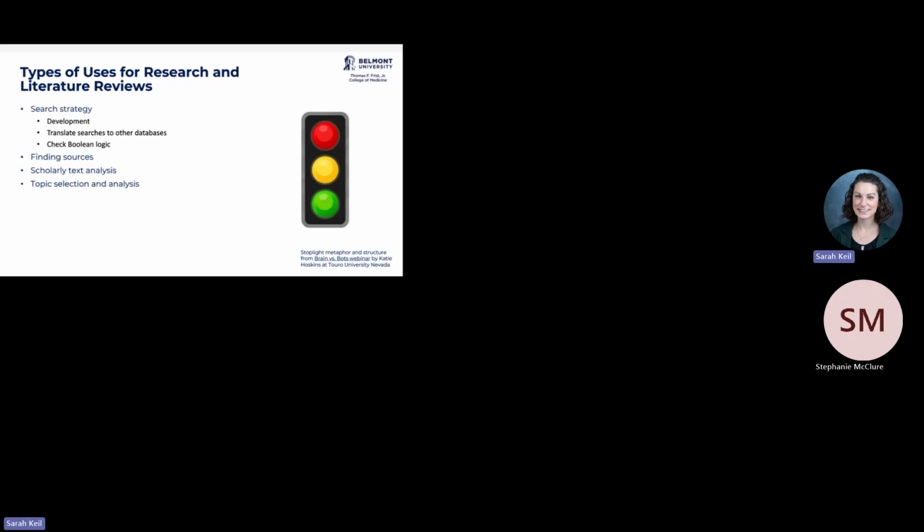We're all looking for AI tools that can help us automate some parts of our life and our work. And so some of the things that are commonly coming up include things related to search strategies, both developing searches, translating searches, checking the Boolean logic of your search, finding sources, analyzing sources, helping with topic selection.